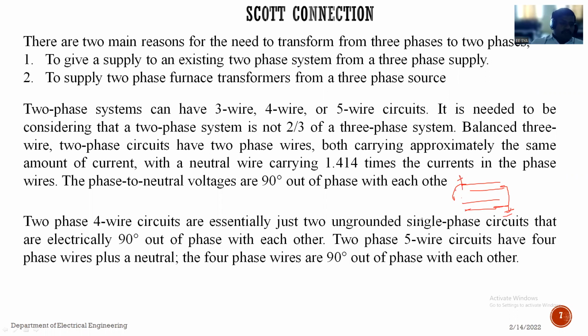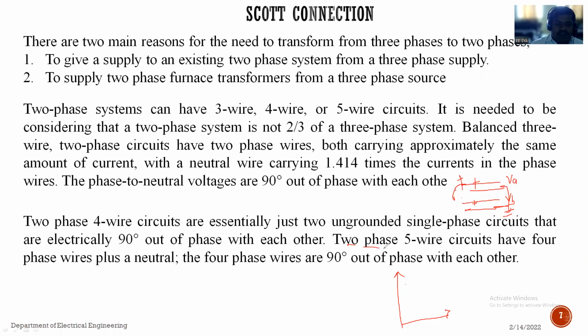Okay, so a 4 wire circuit is essentially just 2 ungrounded single phase circuits that are electrically 90 degrees out of phase with each other. म्हणजे या फेजचं व्होल्टेज and या फेजचं व्होल्टेज, suppose we represent VA and VB, so these are 90 degrees apart from each other. ते एकमेकापासून किती apart असतात? It will be 90 degrees apart from each other.